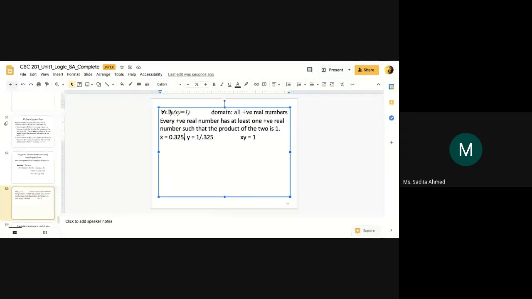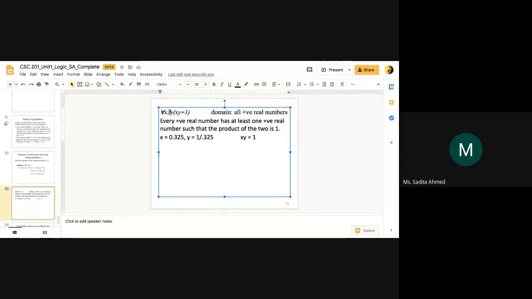So you see, first by a cursory glance, this gives you an idea. Then you go by logic. For every positive real number, there exists at least one real number such that the product of the two is going to be 1. Every positive real number has an inverse by the inverse law. Every real number has an inverse, in fact, except for 0.